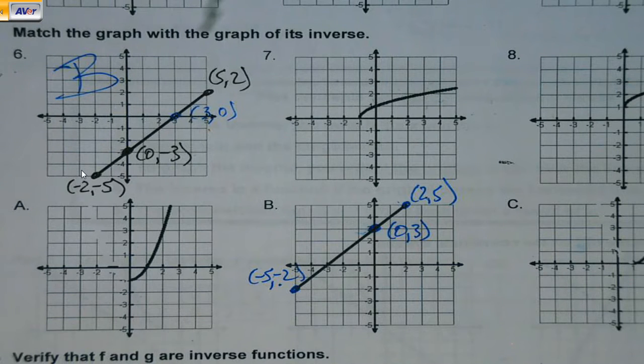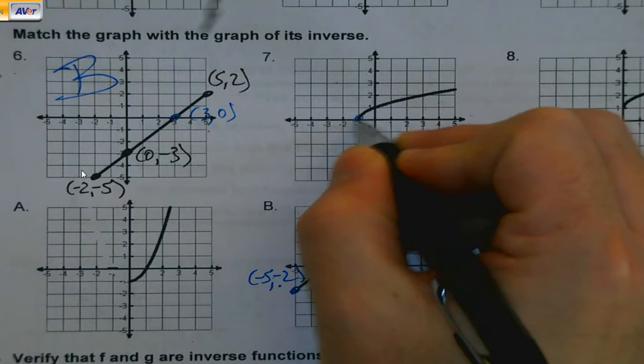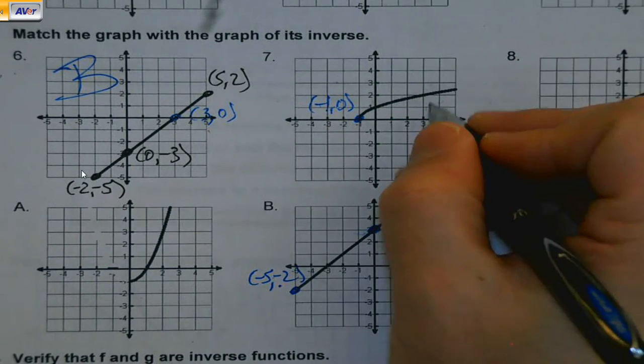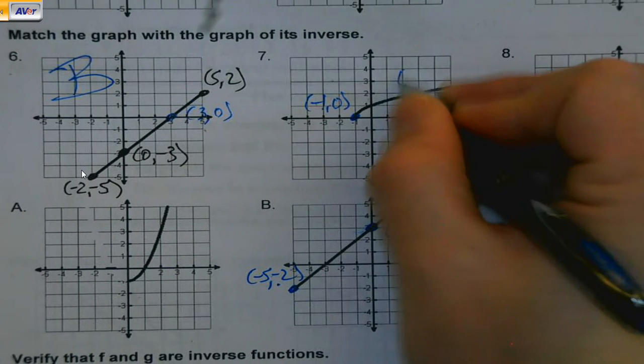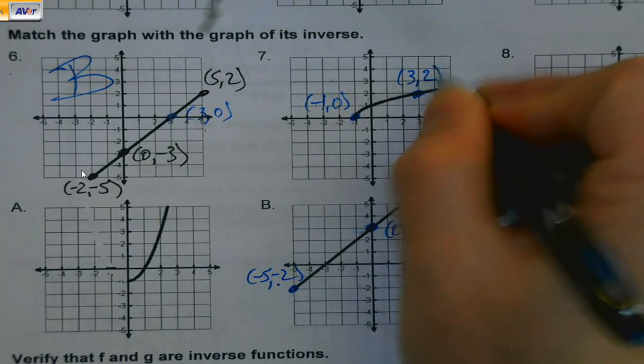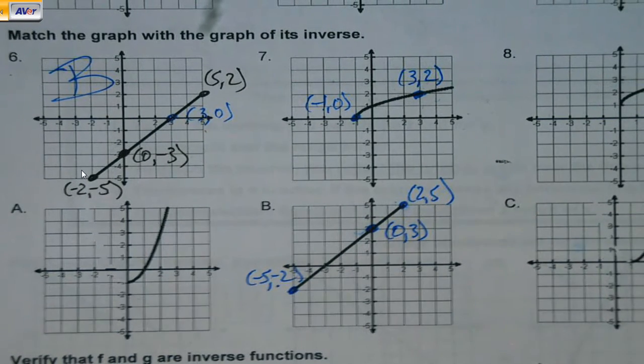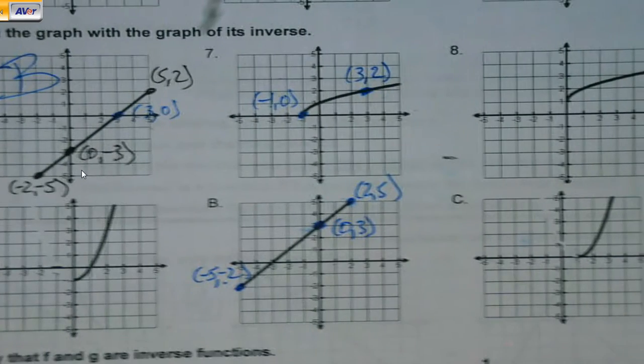Let's do 7. So again, take some points. There's 1. Okay, even if it's just a couple. And then maybe what I do is I go, all right, let's see here. Looks similar.